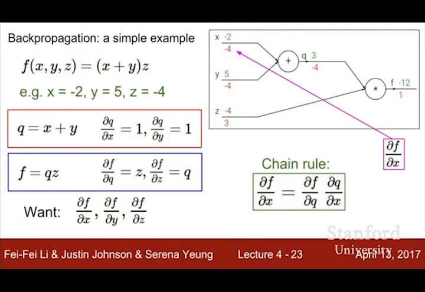So we said this value of q is going to be x plus y. It's going to be -2 plus 5, and it's going to be 3. And we have z is equal to -4. So we fill that in here, and then we multiplied q and z together, -4 times 3, in order to get the final value of f. And then the red values underneath were as we were filling in the gradients as we were working backwards.